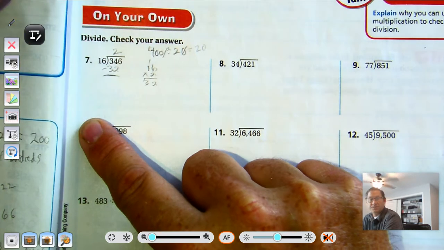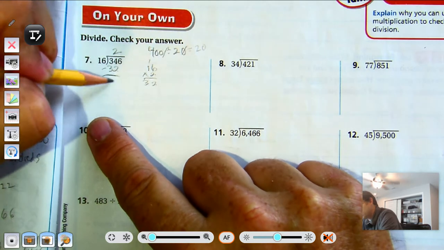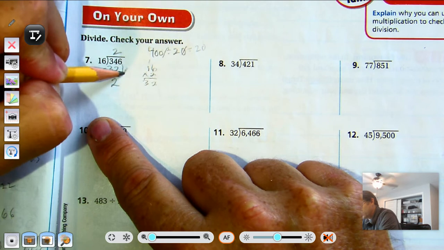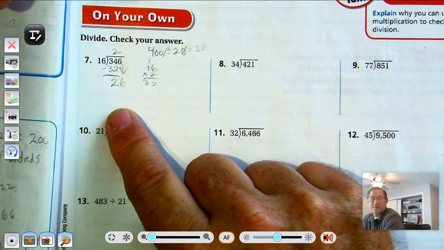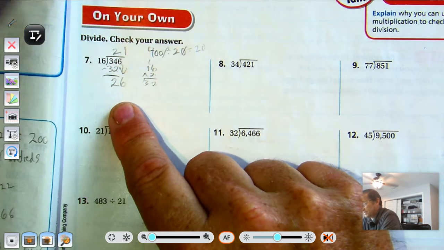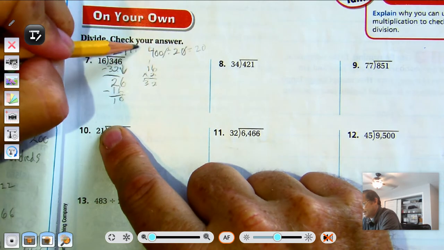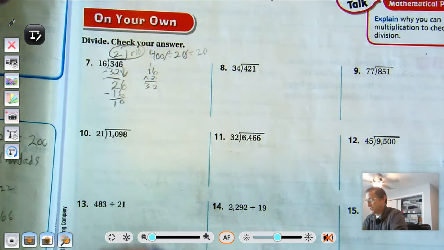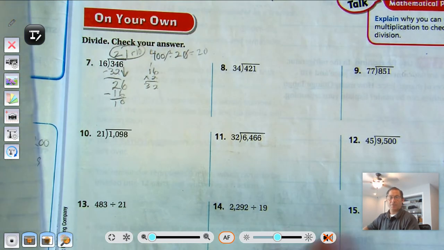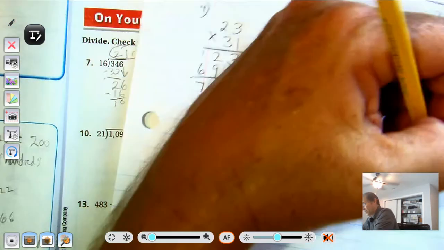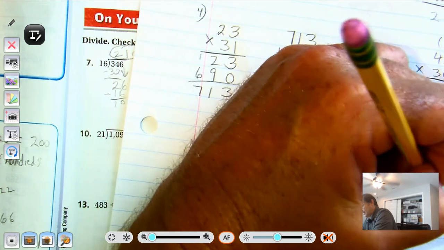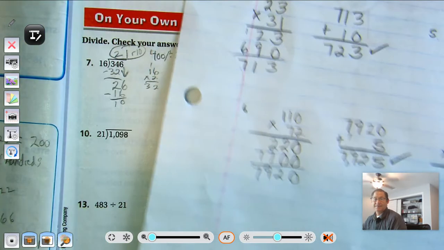32 is smaller than 34, so subtract. I am left with 2. Bring down the 6 ones. 16 times 1 is 16. Subtract, we're left with 10. So 21, remainder 10. Check your answer. 21 times 16, and add the 10.